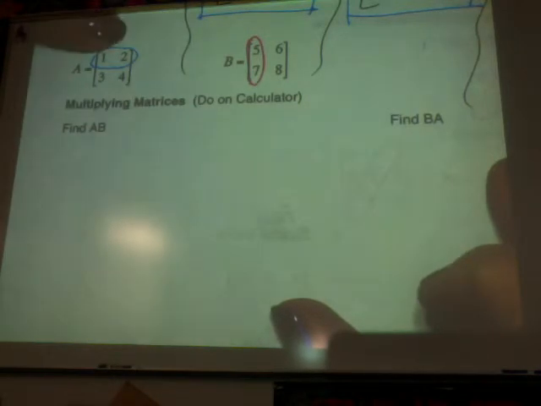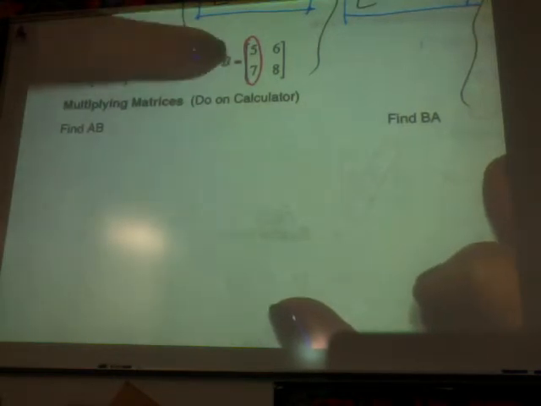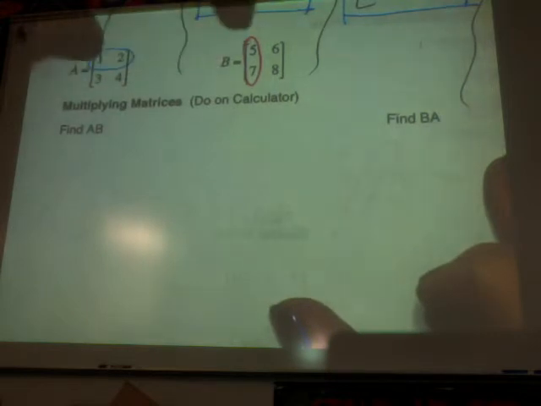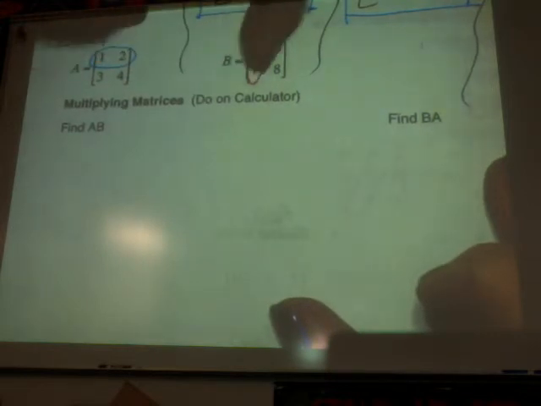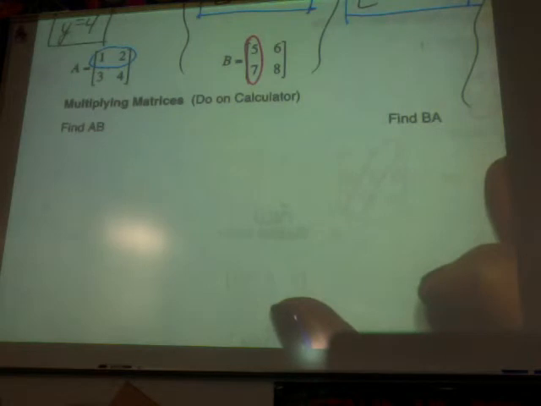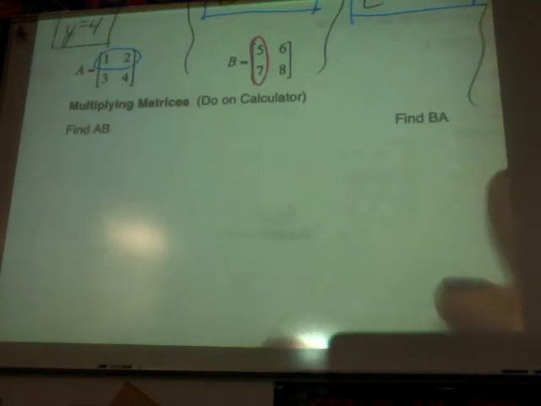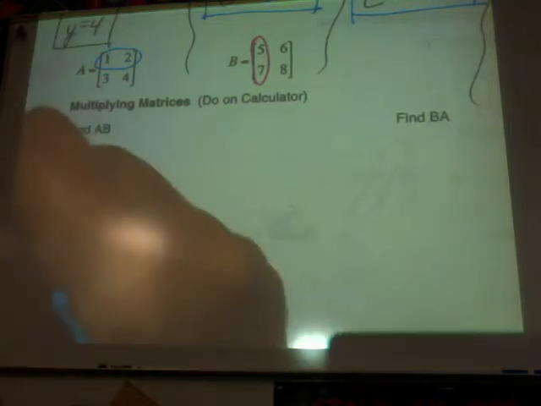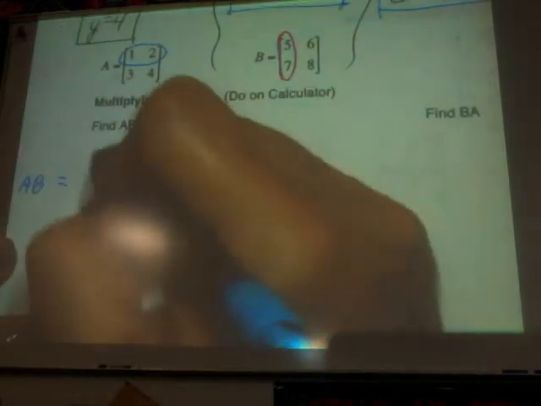If you think of this as a vector 1, 2, and this is a vector 5, 7, then we just take 5 times 1 and 2 times 7 and add them together for a dot product. That's all we're doing here. So save yourself some room. Write it small. We're going to take A times B equals. Because these are your notes.